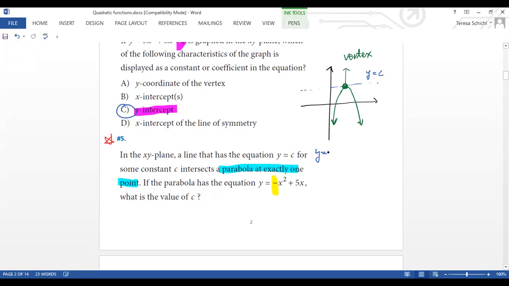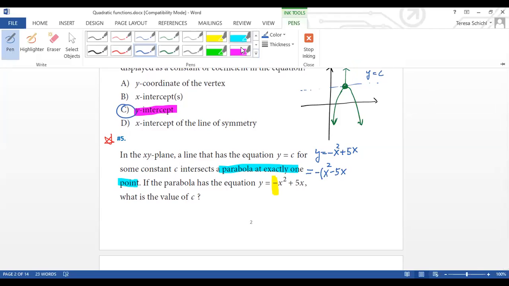Now let's see how to find that. We have y equals negative x squared plus 5x. I need to change this to the vertex form, so let's put the negative sign out here: x squared minus 5x. Like in the review, you need to use completing the square.